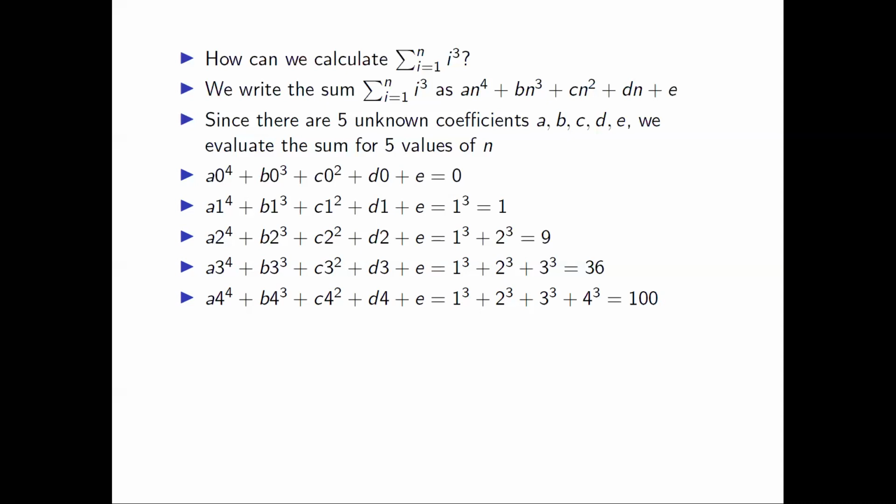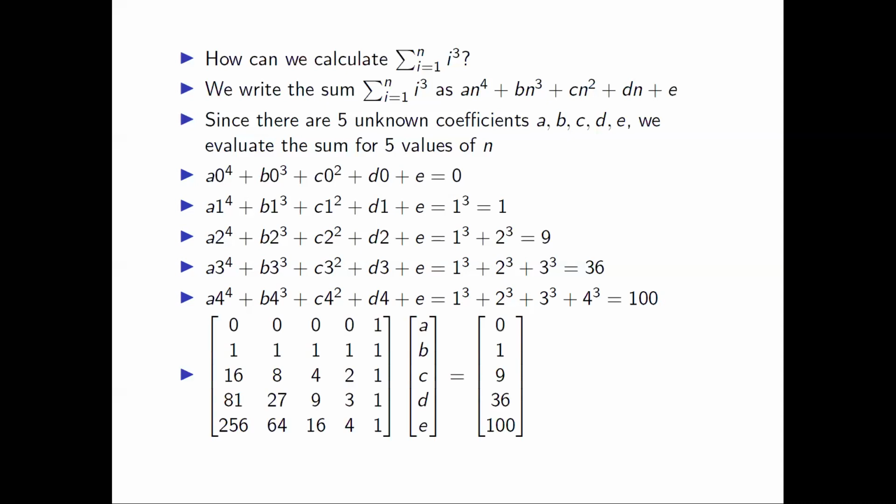So we have a system with 5 equations here. Now we can turn the system of 5 equations into a matrix equation. So this matrix equation, on the right side, has a 5 by 1 matrix, which we can also consider as a column vector.